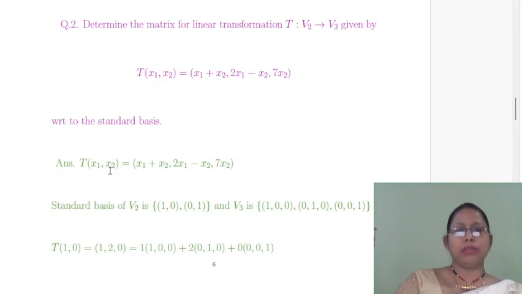Again, find the T image of the element (0,1). Here it is 1, here it is minus 1, and here it is 7. Again, express this (1, minus 1, 7) in terms of these elements, and we will get this.